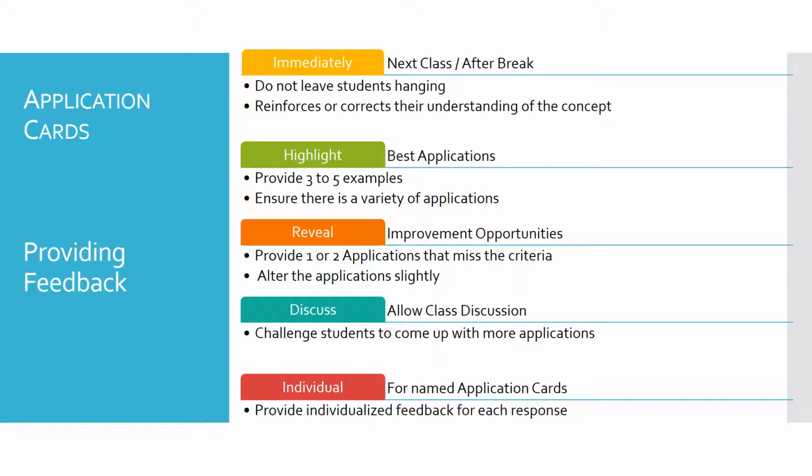It's recommended to alter the wording slightly so the author does not know it's theirs. Allow the class to discuss the feedback and maybe challenge them to create new ones on the spot. If you choose for students to identify themselves on the application cards, provide individualized written feedback for each response.